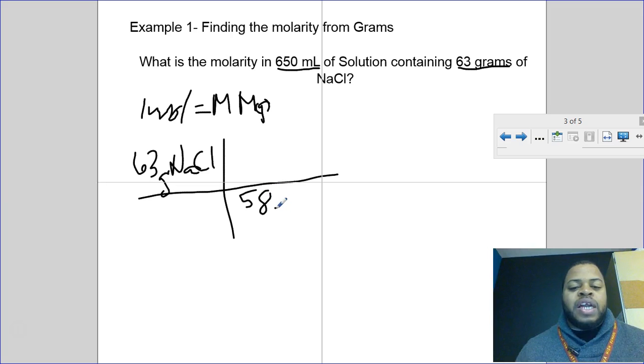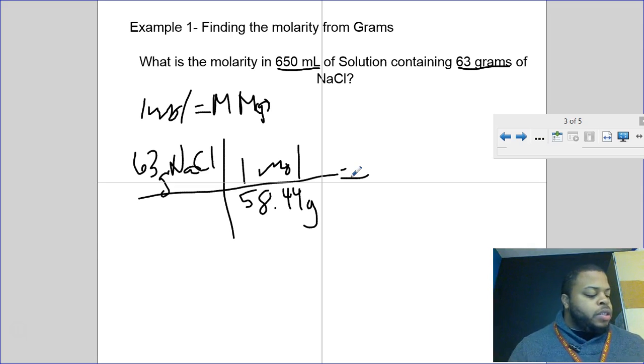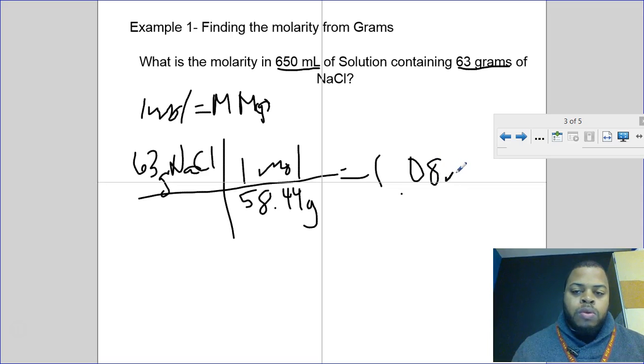We practiced with this one a lot in class. And 1 mole goes up top. Plugging that into my calculator, 63 divided by 58.44, and I got 1.08 moles.